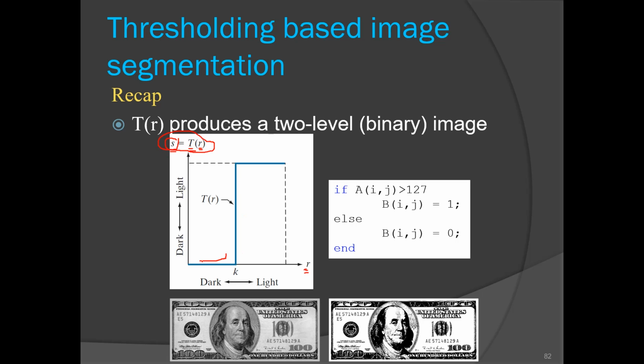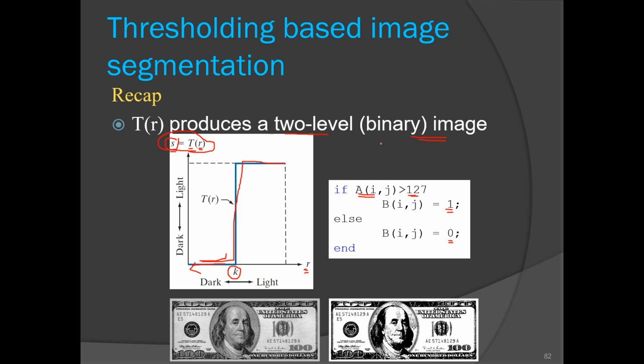And the transformation function of the thresholding operation is like this. If the pixel value is lesser than k, we are assigning 0 to that pixel. If the intensity level is greater than 127, we are assigning 1, otherwise 0. So at the end of the thresholding operation we get a two-level binary image.